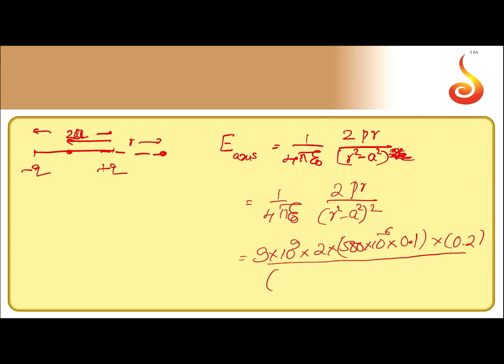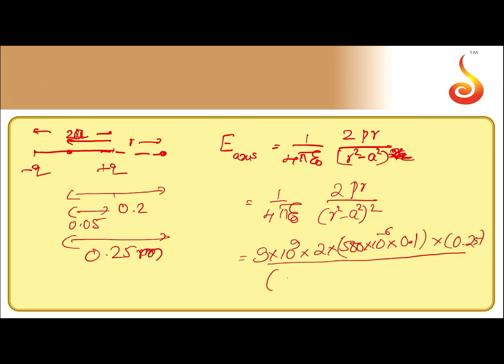What is that? 20 centimeter is 0.2. So if you look at this, the total is 0.25, this distance R, this is 0.2 and this is 0.05. So the total separation is 0.25 meter.